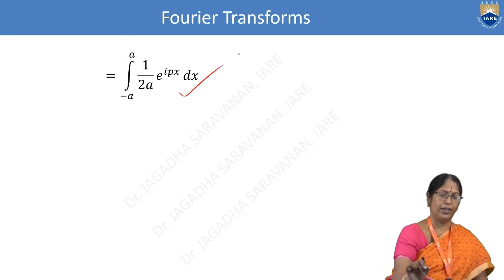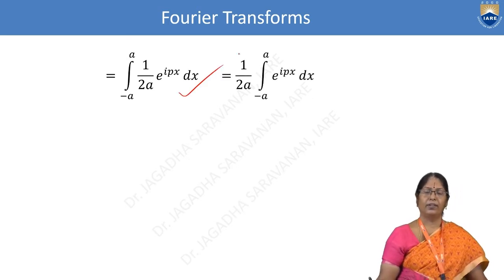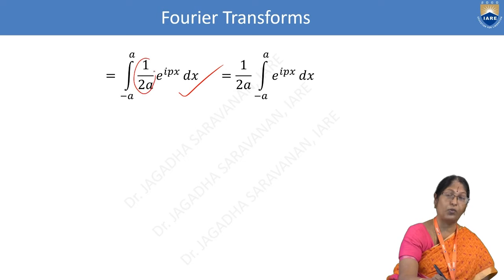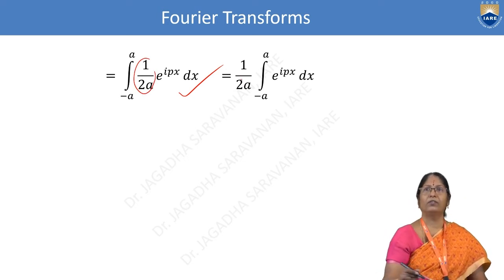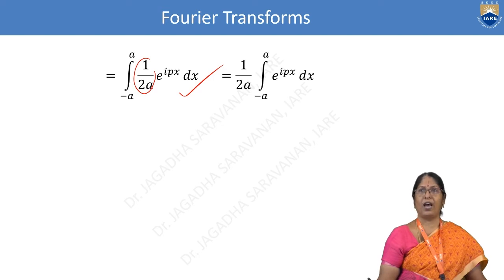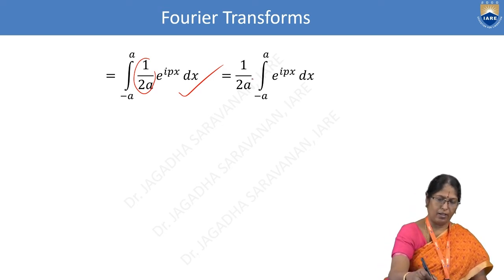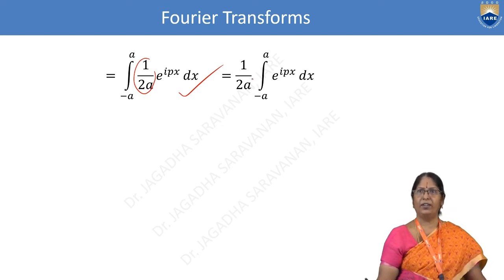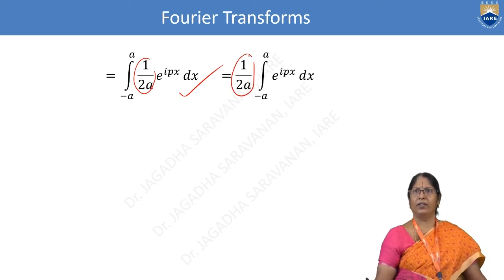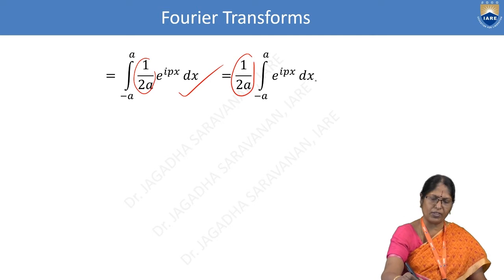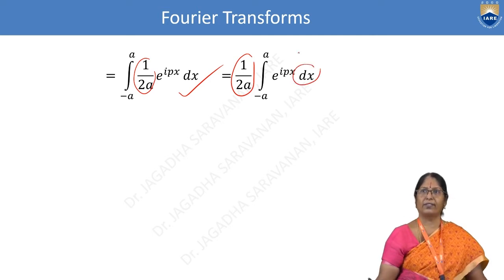Now the middle integral is written. The change we brought in, 1 by 2a, we have written just before the integral because it is treated as a constant. We are going to do integration with respect to x, that is dx.